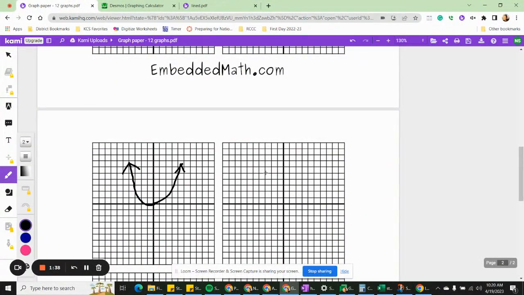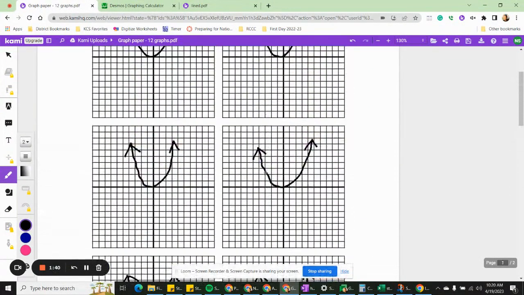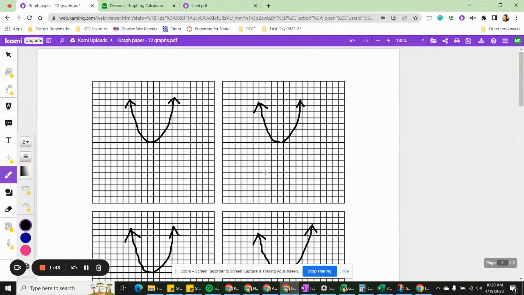Now I'm going to pick up my color pencil and work with what we call a transformation. When we change the equation of the graph, we change the shape of it, or we change where it's placed. What we're going to do is explore how the graph changes when we change the equation.